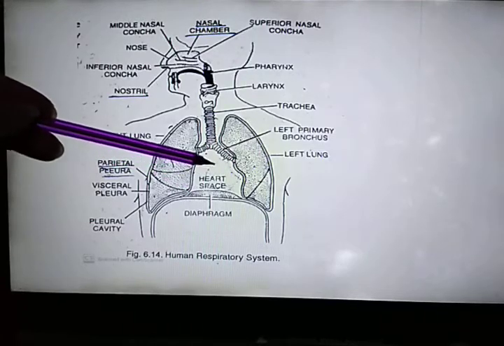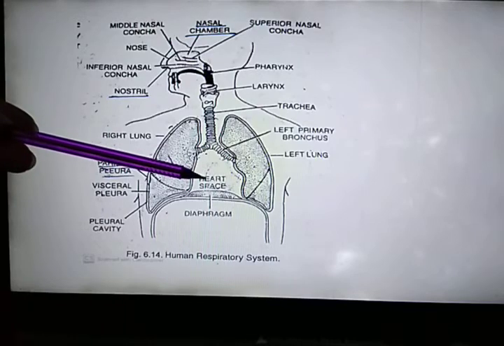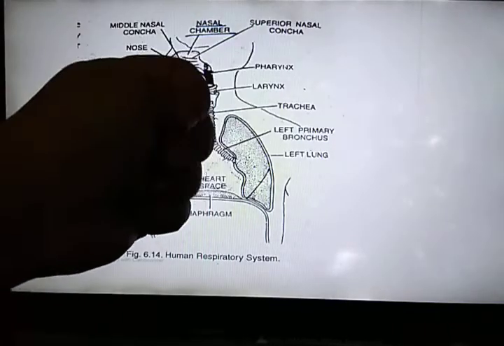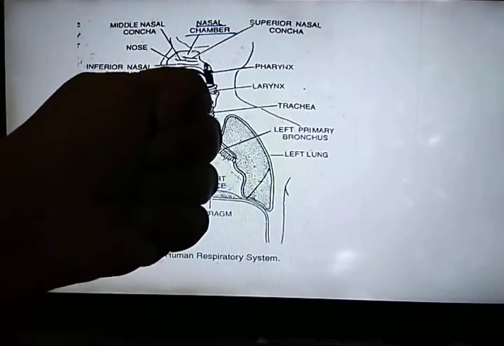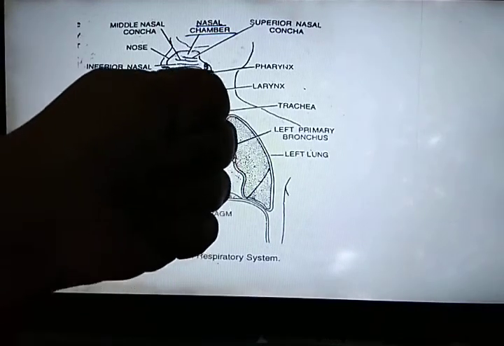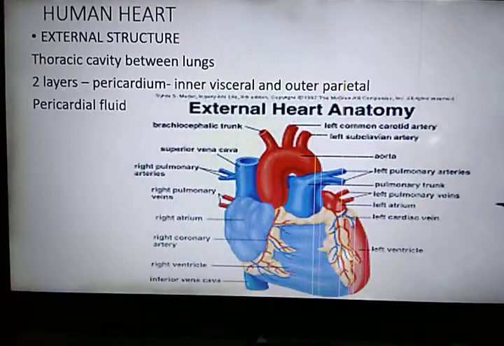It has the size of a clenched fist. So when you make a fist, it means the size of your heart is somewhat the size of your fist.